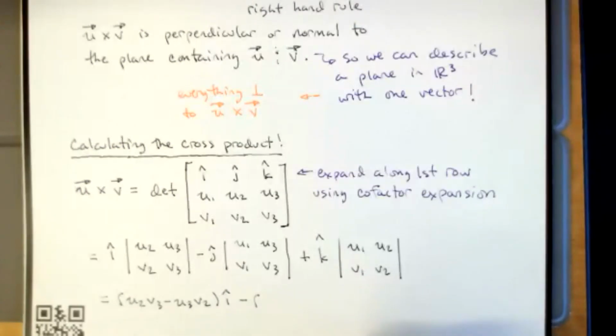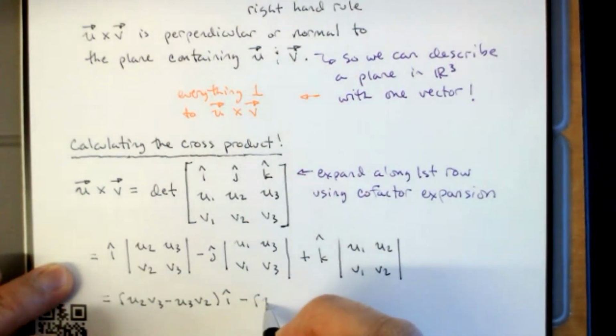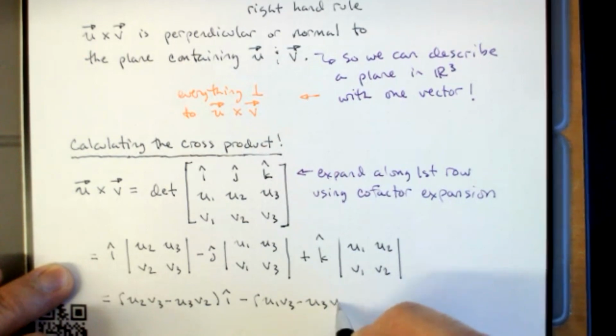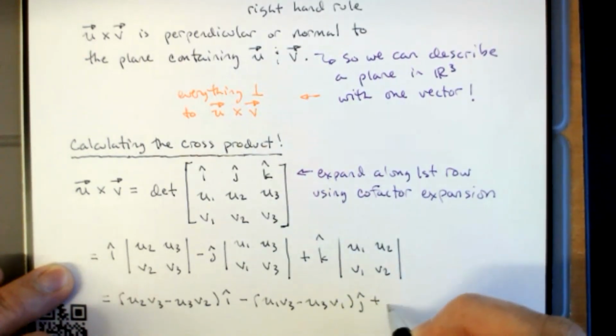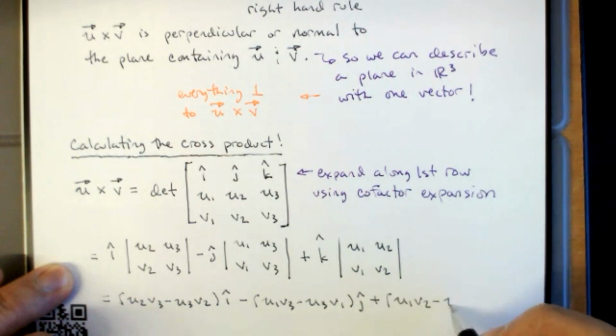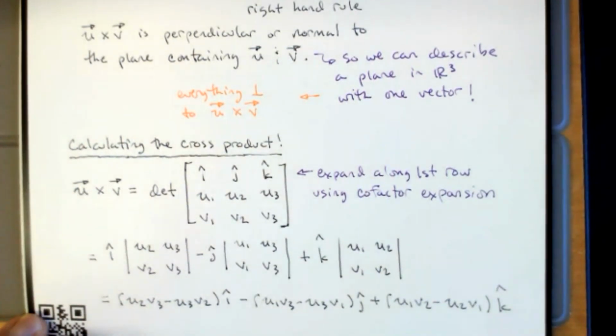The next term will be u1v3 minus u3v1. And then the k term will be u1v2 minus u2v1. And that will be the coefficient of k.